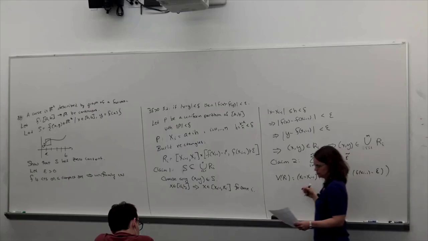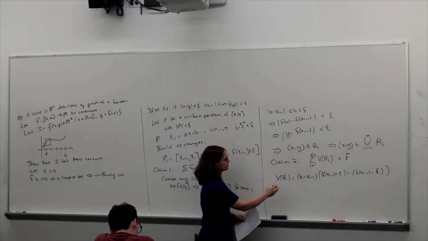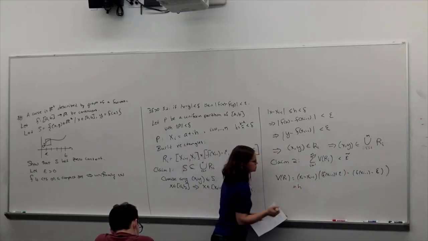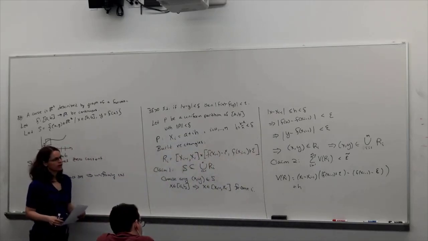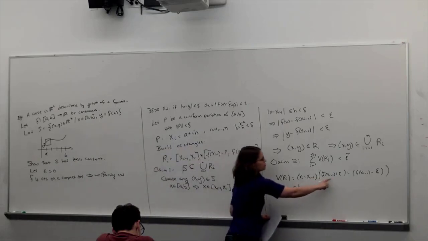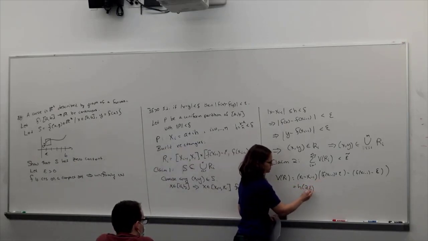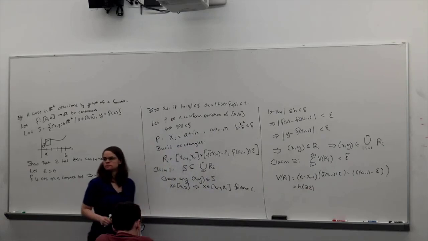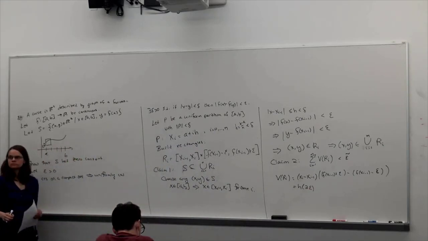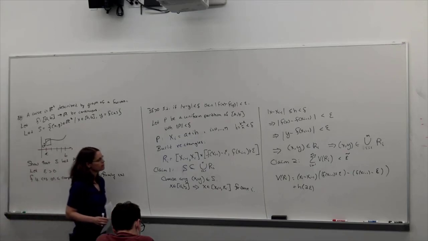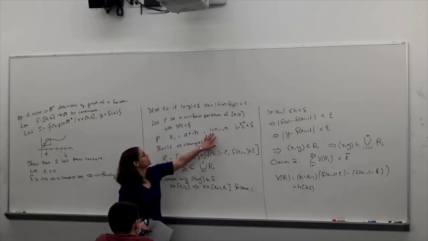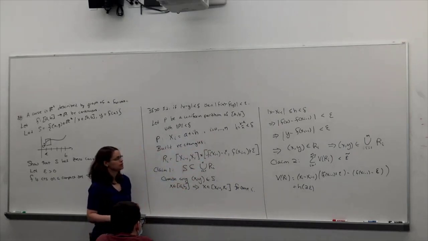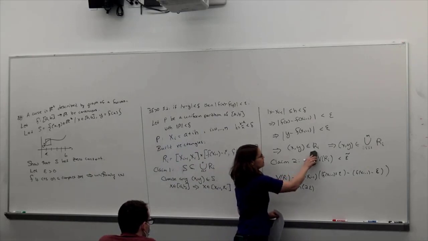This is equal to h. And this is equal to 2 epsilon. Now we need to add them up. Okay, so how many rectangles are there? There are n rectangles, which means this should probably have been an n here.